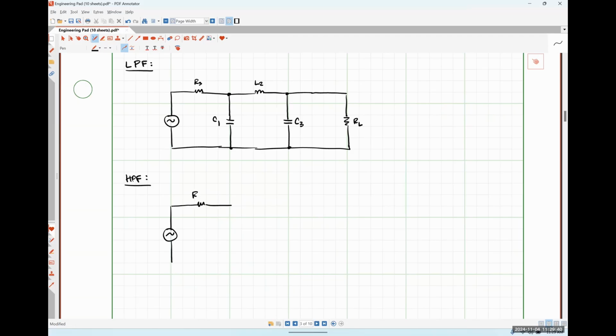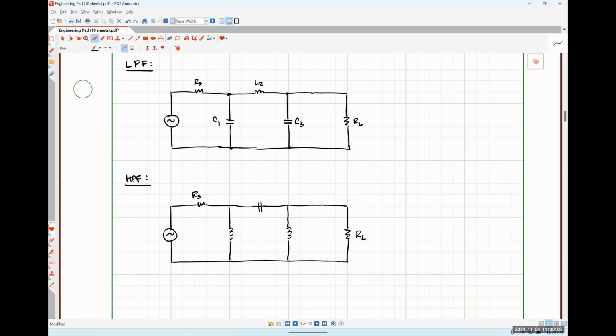Here's our source resistance, an inductance, capacitance, inductance, and then here's our load resistance, right?